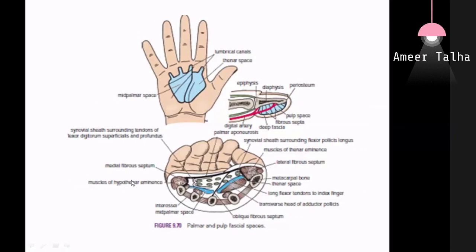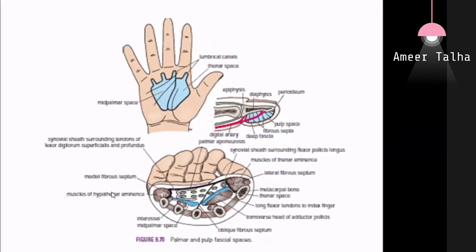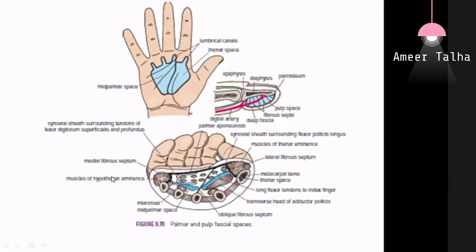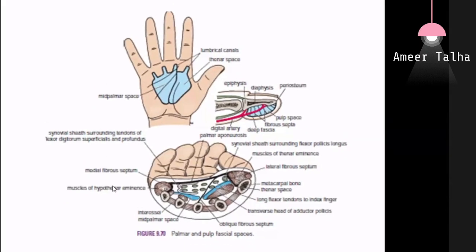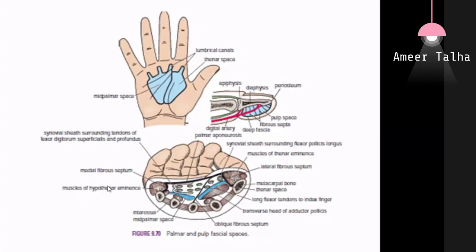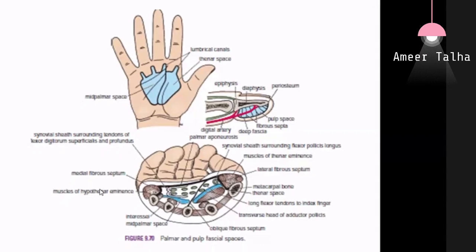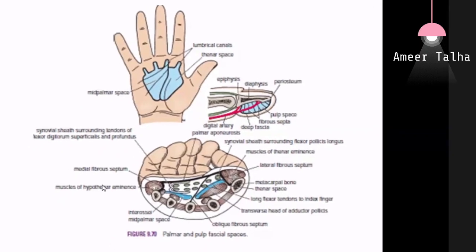Okay. Can anyone of you name the spaces which you have read in the palm? Pulp spaces of the finger, mid-palmar space, thenar space, space of Parona, dorsal subaponeurotic space, dorsal subcutaneous space.